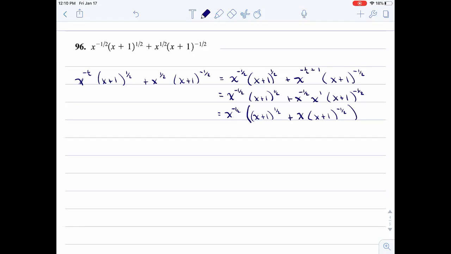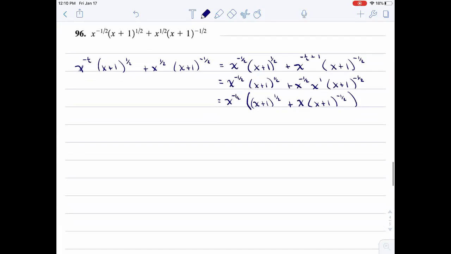We can do the same thing with the x plus 1 as long as we treat it as one thing, right? x plus 1 to the power of 1/2, and then x plus 1 to the negative 1/2, right? So same idea. What I'm going to do is I'm going to have my x to the negative 1/2 on the outside times x plus 1.